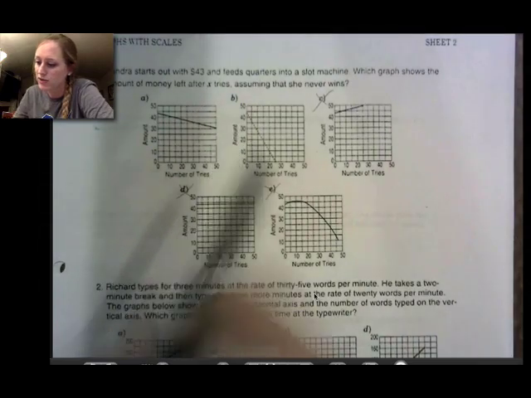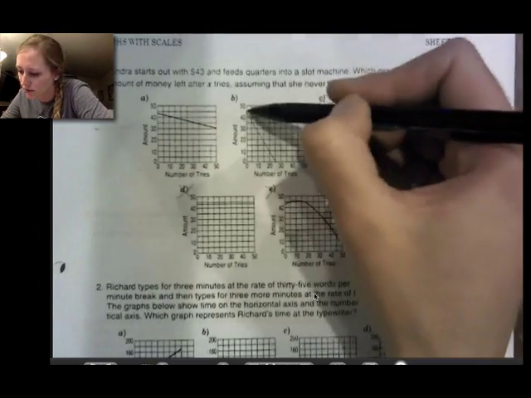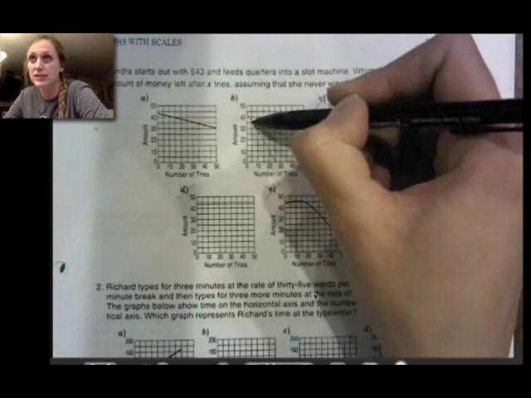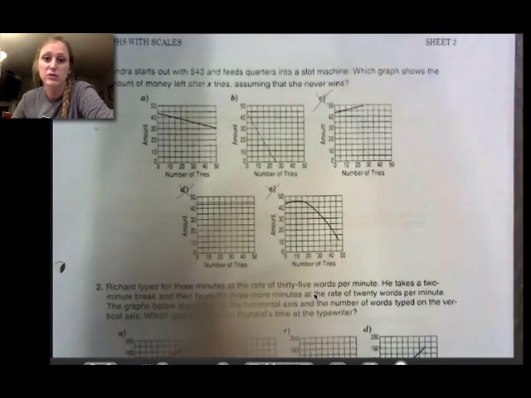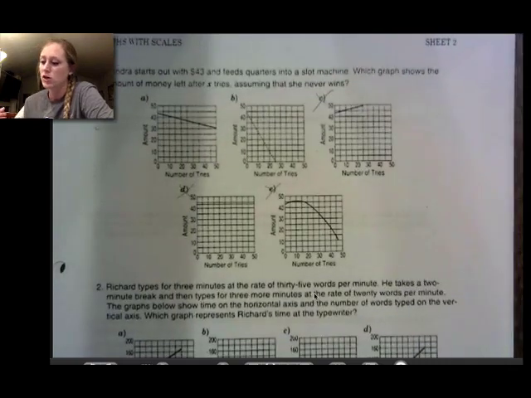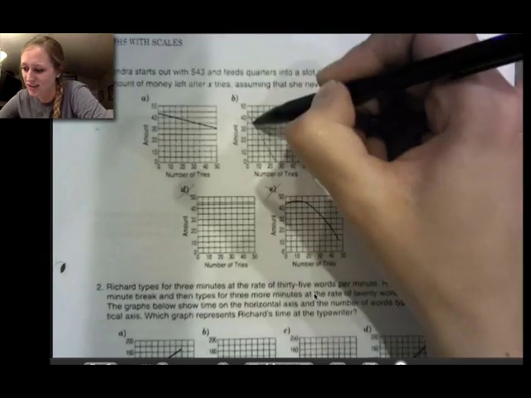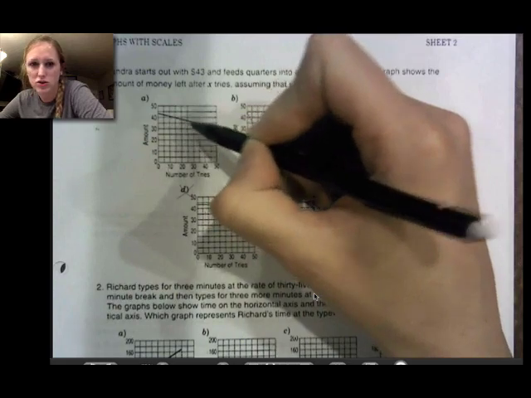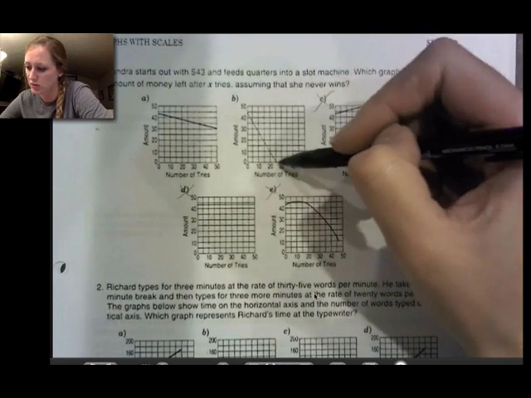All right, so this one, she's dropping really fast. So like after 5 tries, she's lost $5. So if you think about quarters, that's only 25 cents. So after 5 tries, even if she lost all 5, she's only lost $1.25, not $5. So this one's going to be a lot more gradual loss. So she's losing it a lot slower than she's losing it in this one.